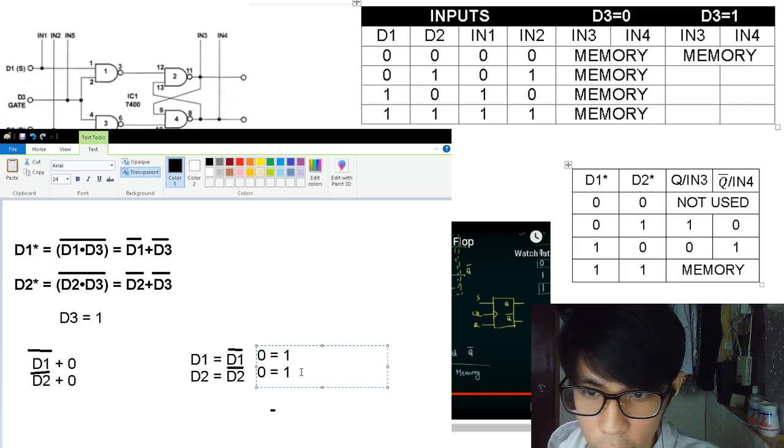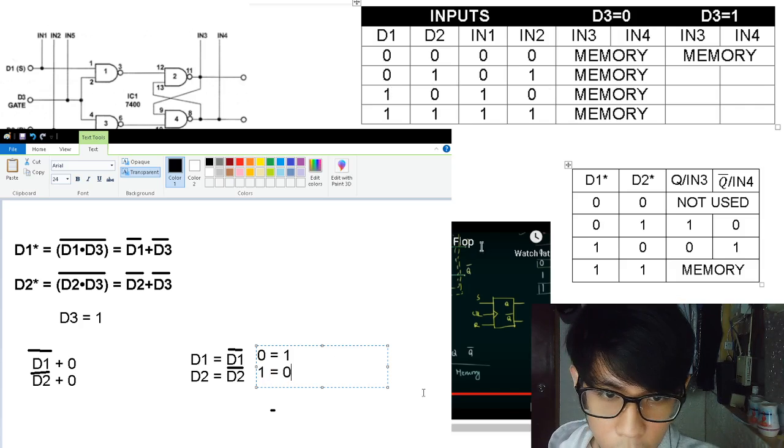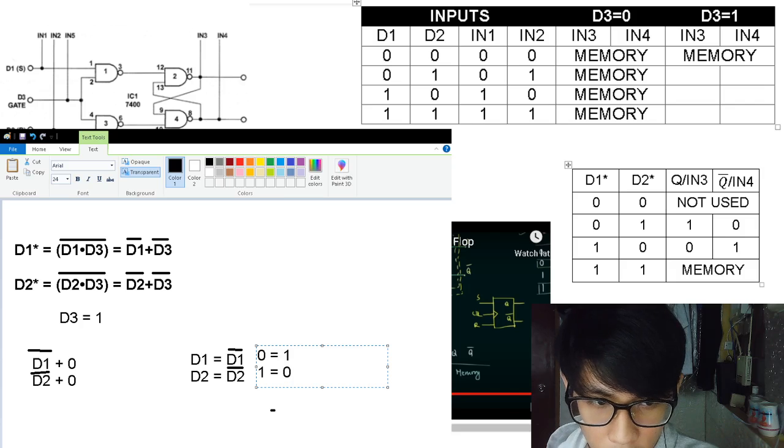Next, what if D2 is 1? Then it will be 0. So you can say 1, 0. Then it is 0, 1. Next, it's 1, 0.